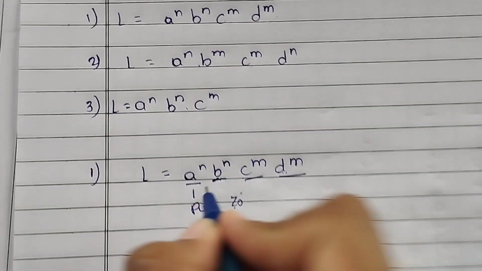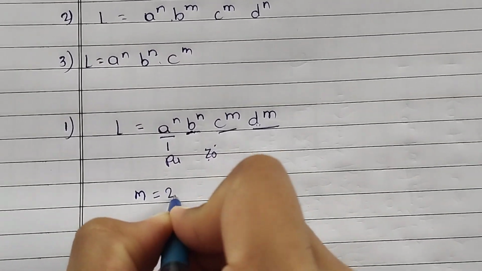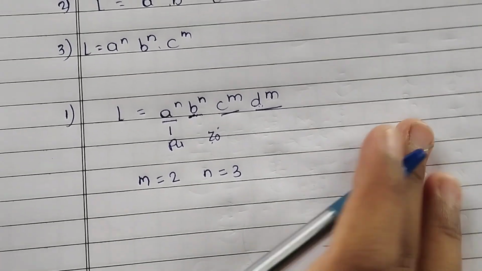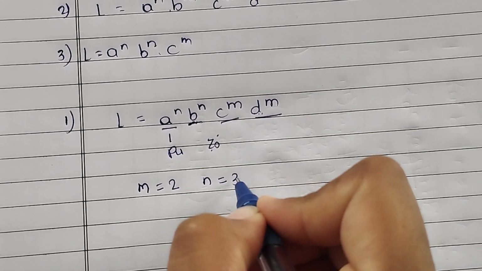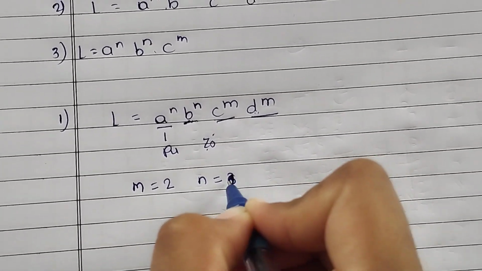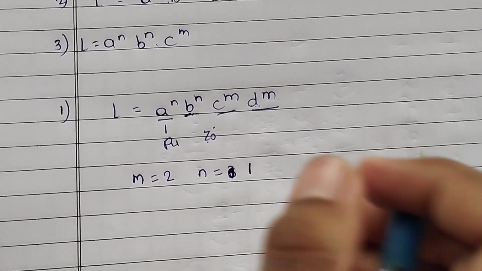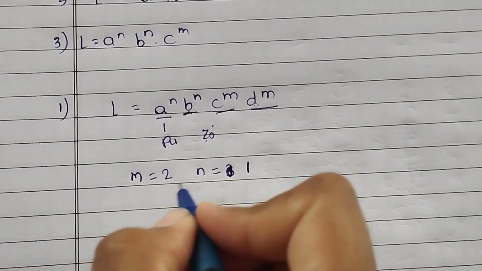So let's suppose here m is equal to 2 and n is equal to 3. This is too long a string, so we take n is equal to 1. If you take 3 it is also okay, but it takes more time to perform in the stack.